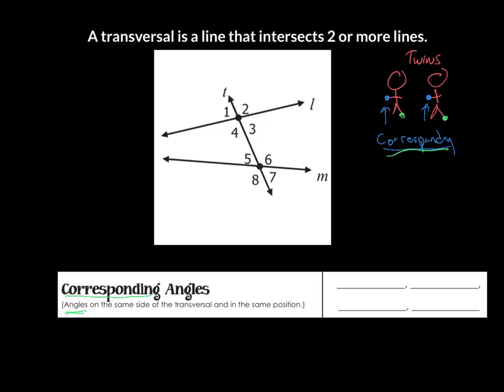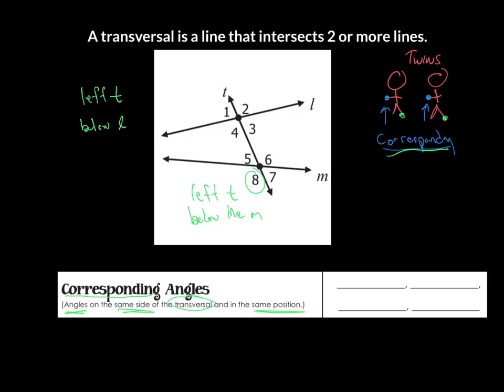Those are angles that are on the same side of the transversal and in the same position with respect to the lines they occupy. Let's take angle 8, for example. Angle 8 is to the left of the transversal, and angle 8 is below line M. Who's to the left of the transversal and below line L?